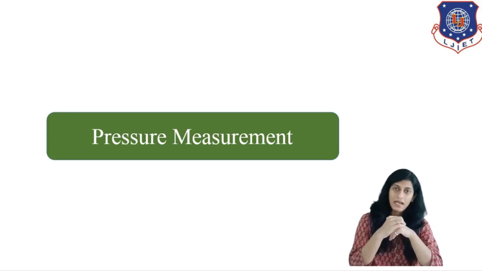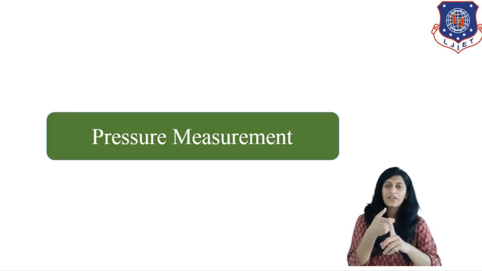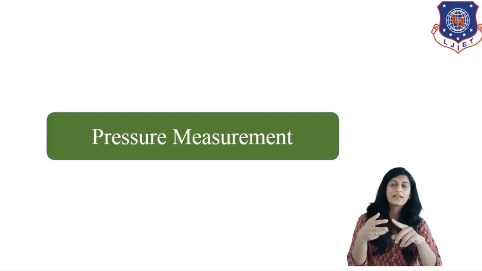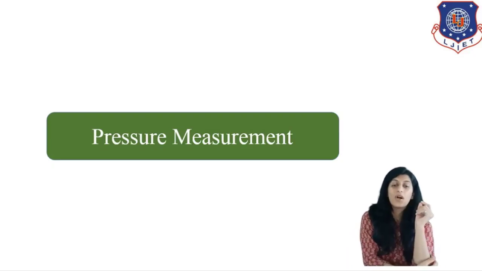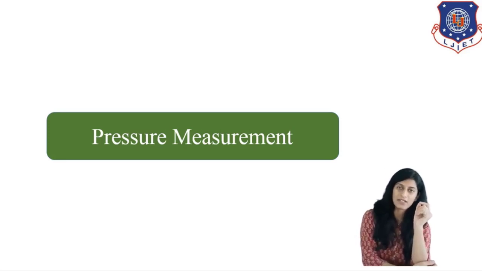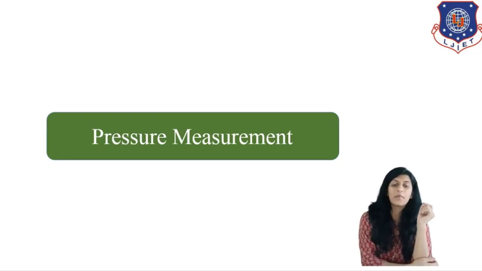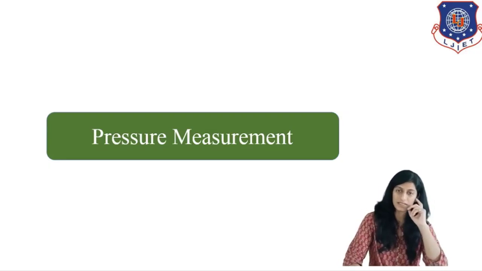Out of those parameters, temperature measurement, pressure measurement, composition, etc. are quite essential. We have already seen how we can measure temperature of different equipment installed in industry and how we can determine temperature of different processes.